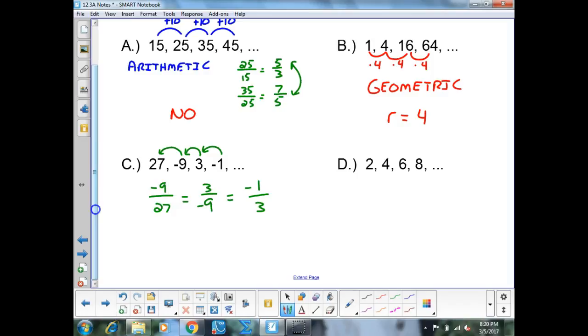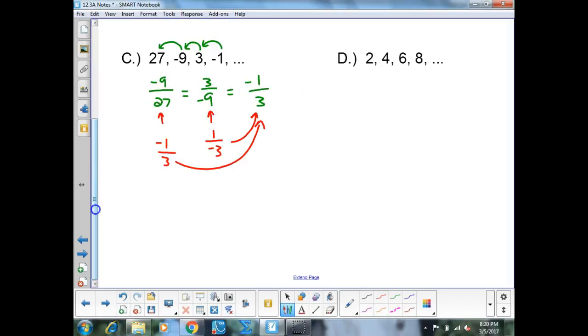Well, this fraction here both can be divided by 3, so that becomes 1 over -3, which is equal to -1/3. In this fraction here, both can be divided by 9, -1 over +3, both equal -1/3. So yes, this one is geometric, with R equaling -1/3. Okay.